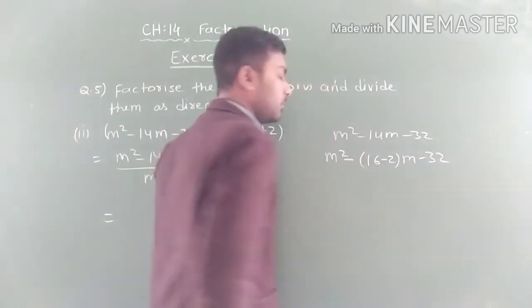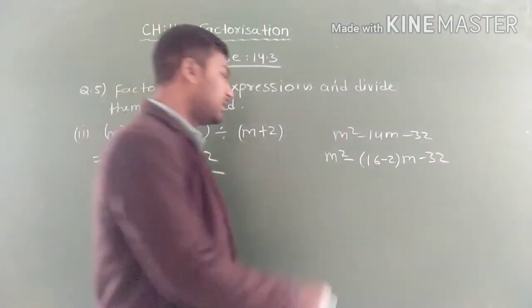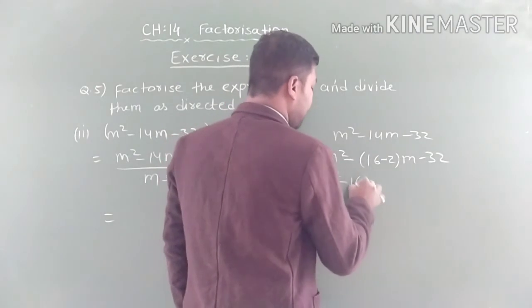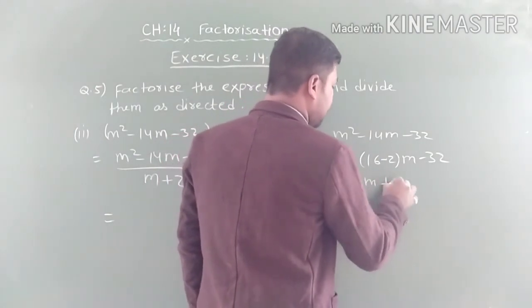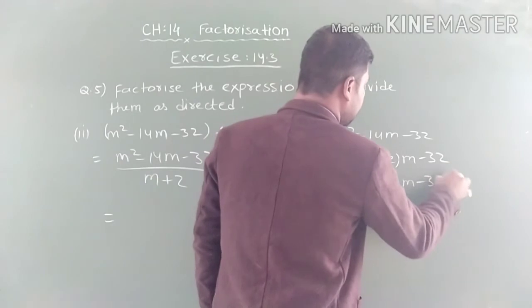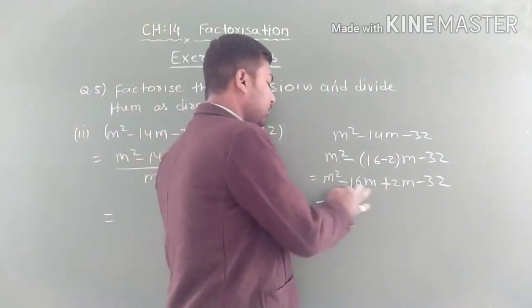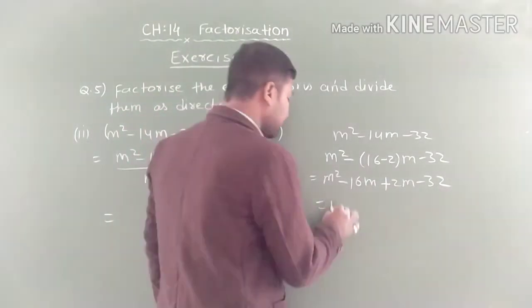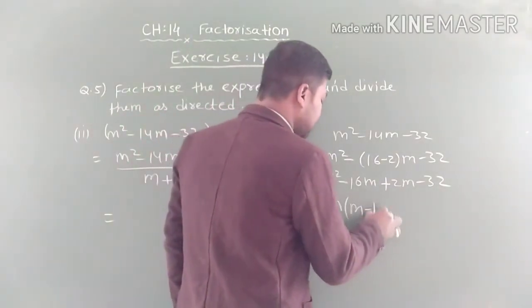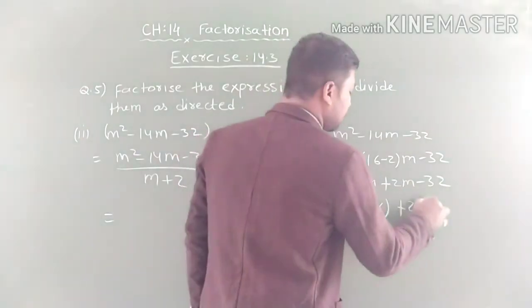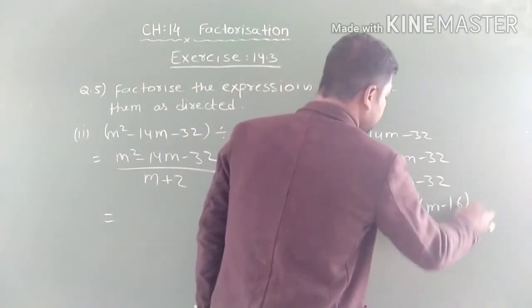Now just open the bracket, so it will be m square minus 16m plus 2m minus 32. Okay, in first two terms we have to take common, so m is common, m minus 16, plus in third and fourth term 2 is common, so this will be m minus 16.